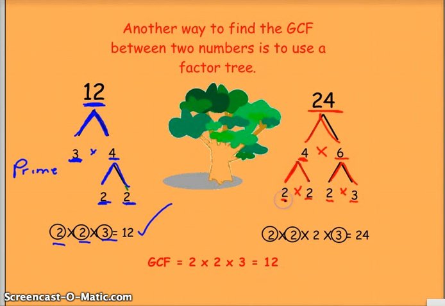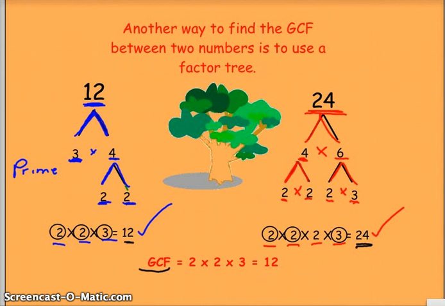We all know that 2's and 3's are prime. So my factorization for 24 is 2 times 2 is 4, times 2 is 8, times 3 is 24, check. Now, to discover the GCF, I take the common factors of both the 12 and the 24.